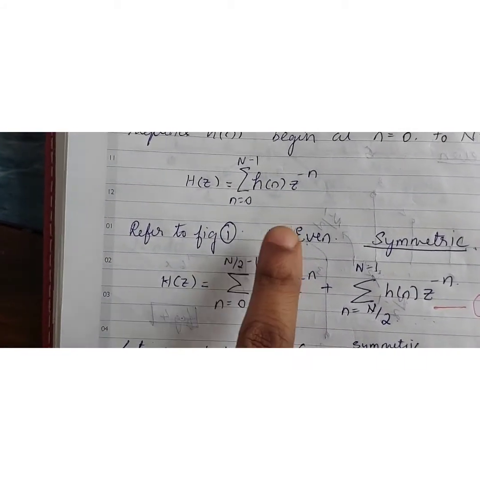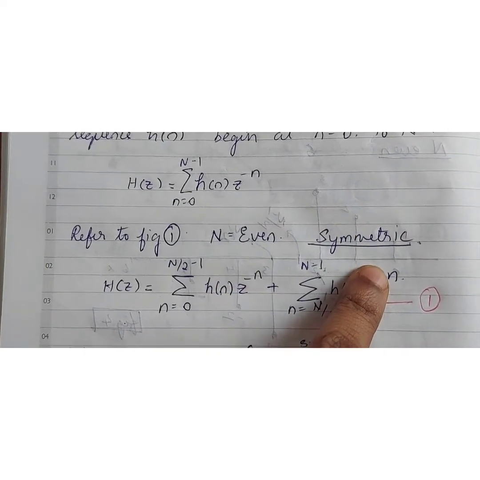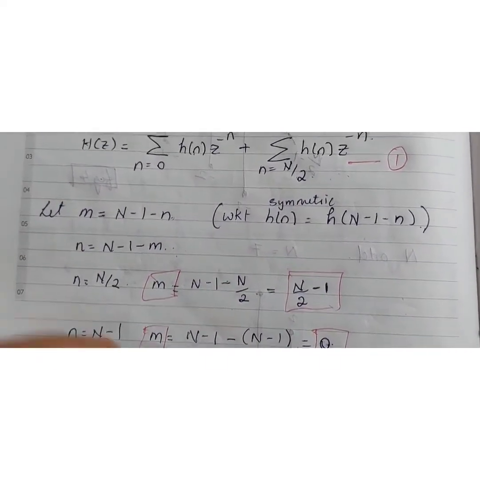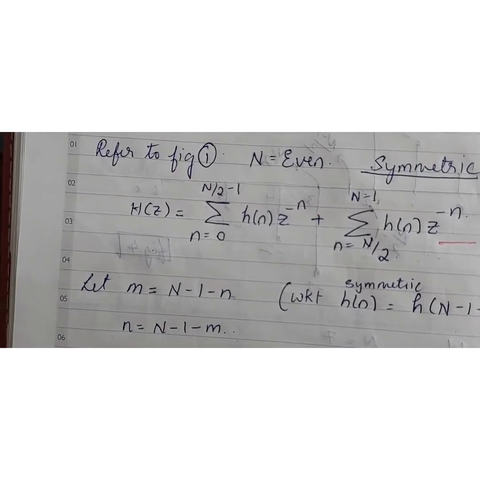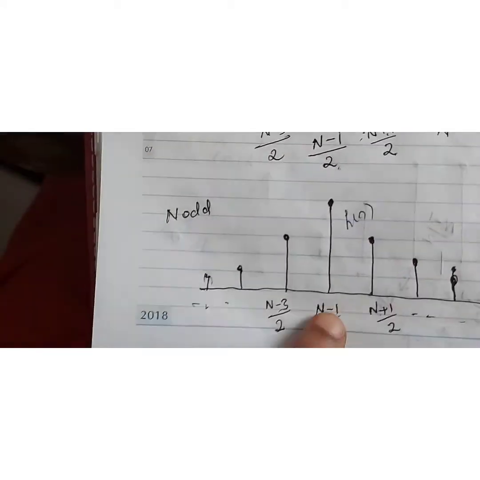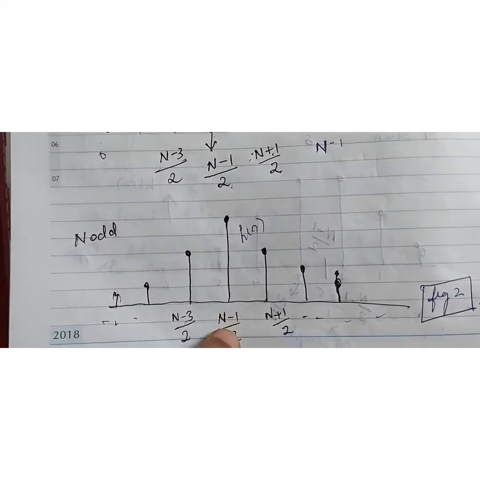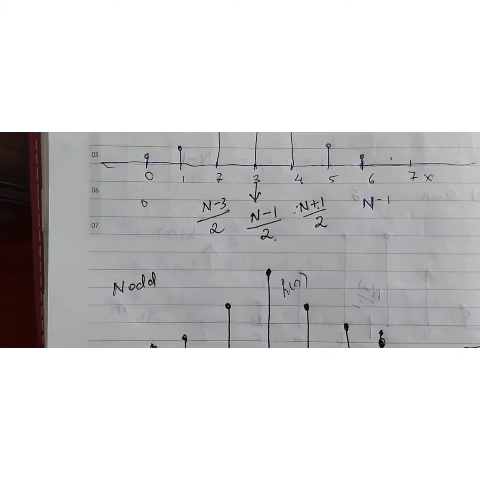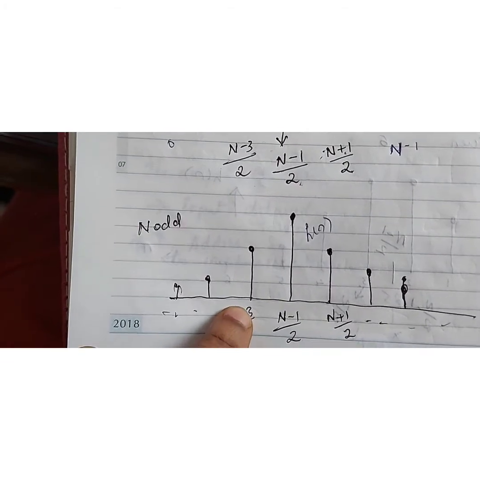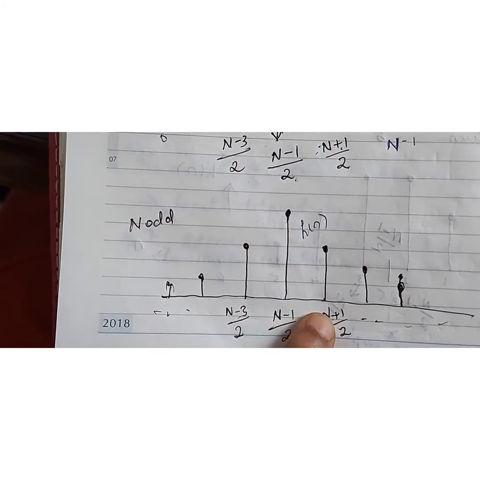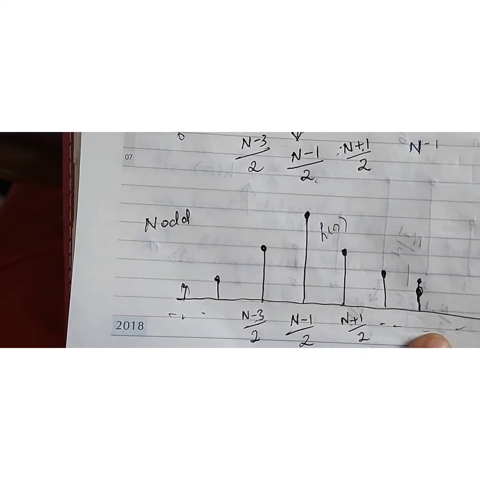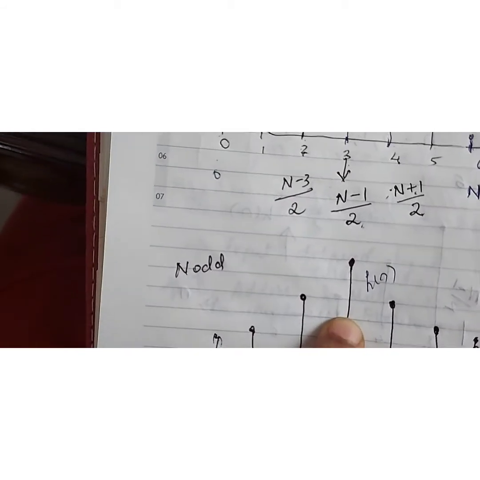Referring to the first figure, N even, symmetric, we considered all these things. Same thing we can refer to your figure 2. You can consider this as your figure 2. For N odd also we can try to prove the same thing. Only the range of values you will take is from 0 to (N minus 3) by 2, the first summation. Second summation from (N plus 1) by 2 to N minus 1, and you have an extra sample at (N minus 1) by 2.